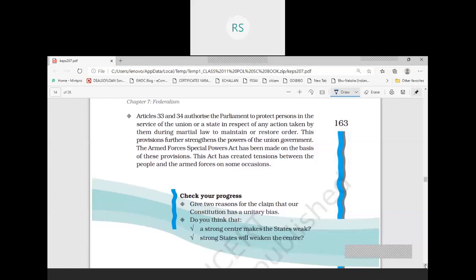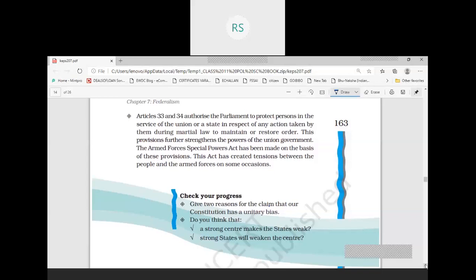So these are the special powers which are given to the armed forces, and which can be given to the armed forces, paramilitary forces and police in order to maintain law and order in the area where martial law is there. Okay.